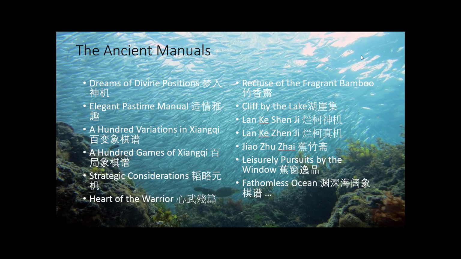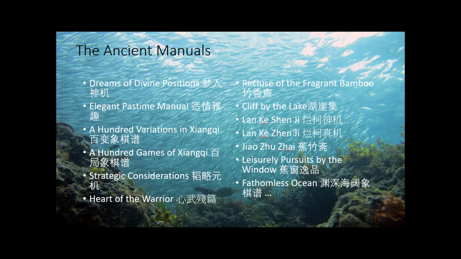Before we continue, this is a list that I have gathered of the various endgame compositions that were found in the ancient manuals. At that time, there was no term endgame compositions. And by the way, the Chinese term for the endgame compositions, Paiju, was believed to be coined by a person called Zhou Bi something in the 1930s.